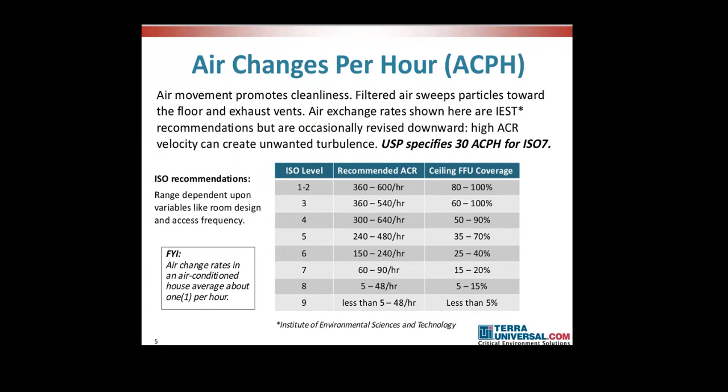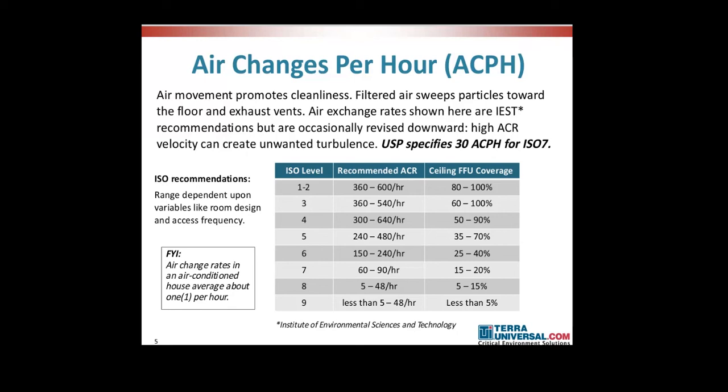Looking at ISO 7, for example, which is a level commonly called out by the USP specs, that range varies from 60 to 90 air changes per hour, quite a broad range. And in the USP spec itself, the number that's called out is 30 air changes, a much lower number. So it's striking how much variation there is in air change rates.